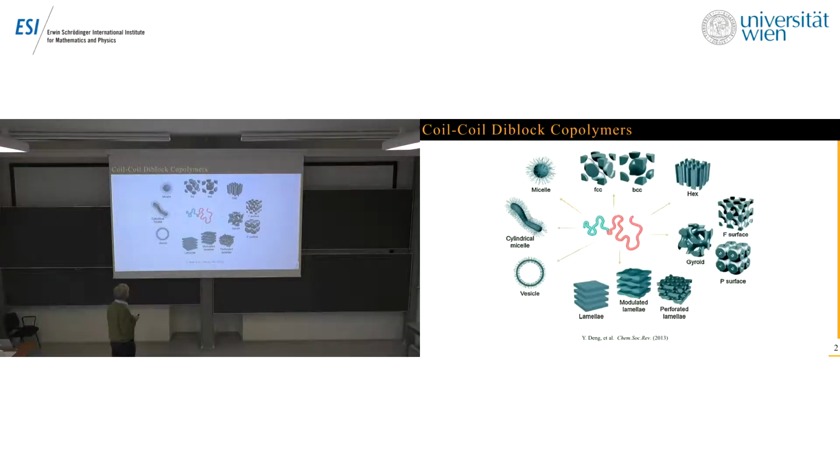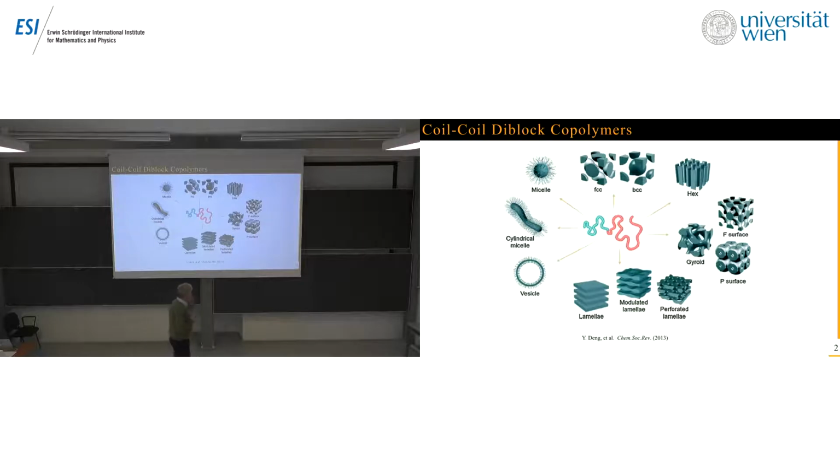So if we look at very simple systems, just coil-coil diblock copolymers, the difference is that the macromolecule here is composed of two flexible parts, but of different origin, and the monomers in the two parts repel each other. And this is a key feature.